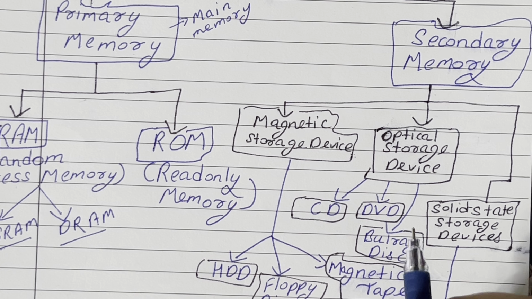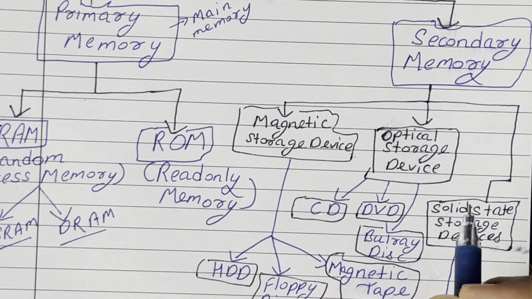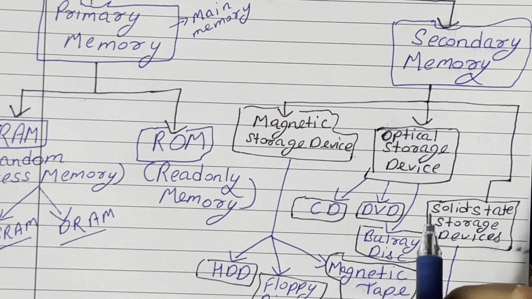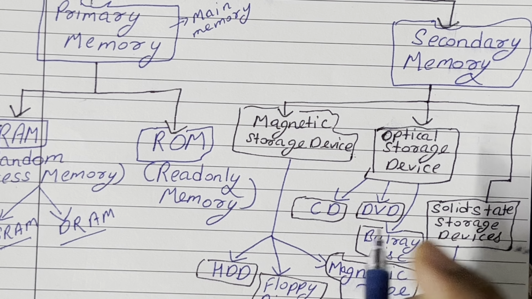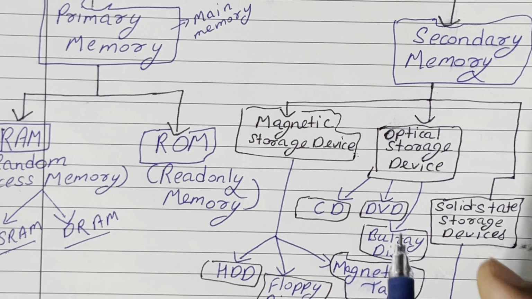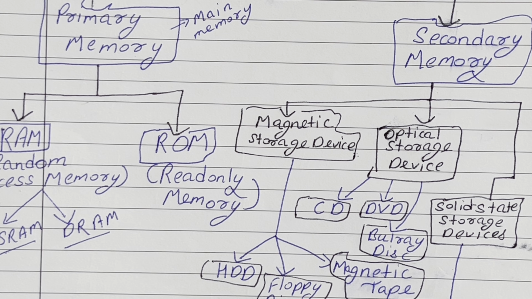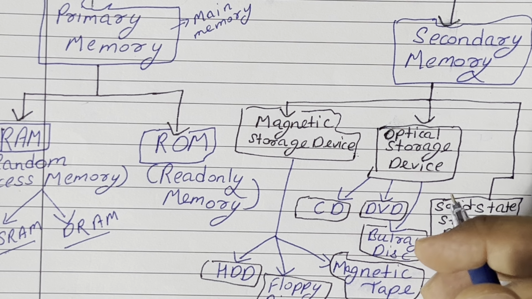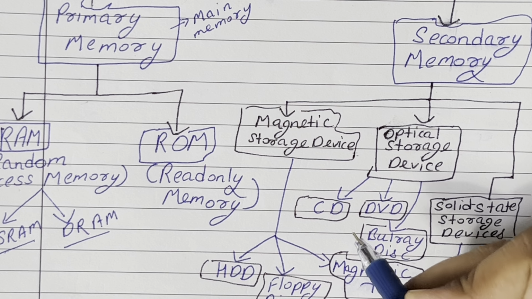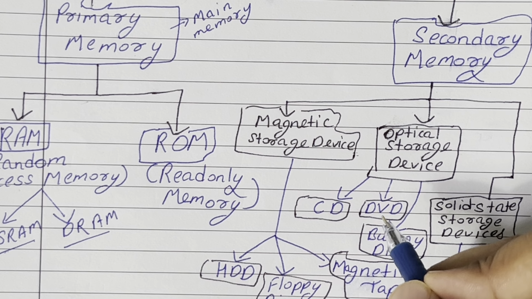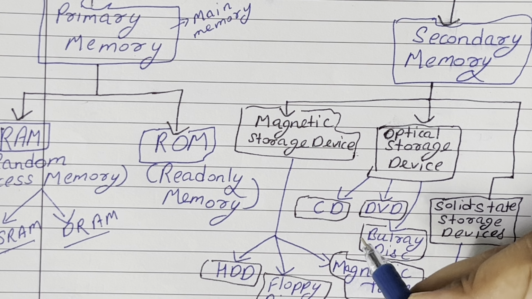A standard CD has a storage capacity of approximately 700 MB, which was considered a large amount when CDs were introduced. CDs became extremely popular at the time because they provided better durability and higher storage capacity compared to floppy disks. There are also other types of CDs: CD-ROM, CD-R, which stands for compact disc recordable, CD-RW, compact disc rewritable, etc.